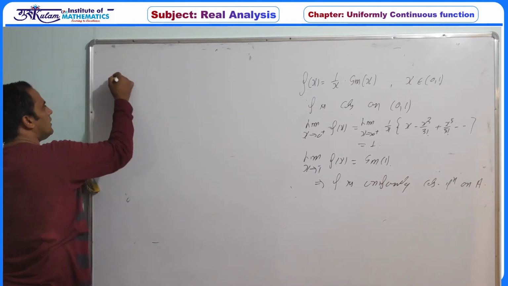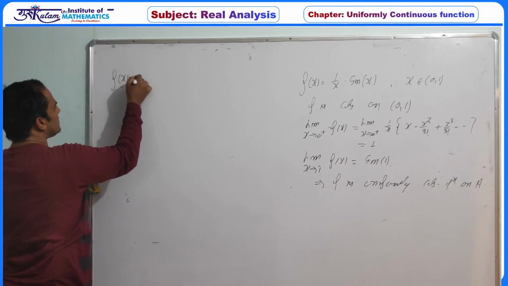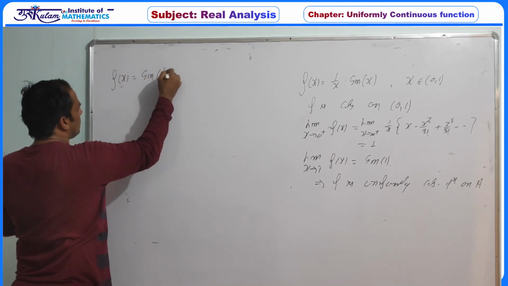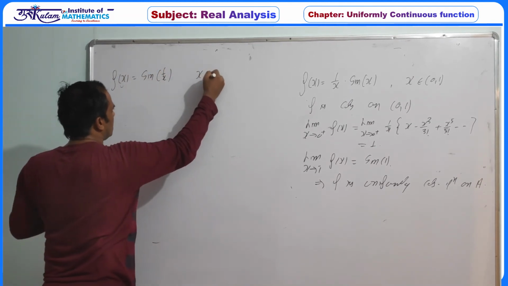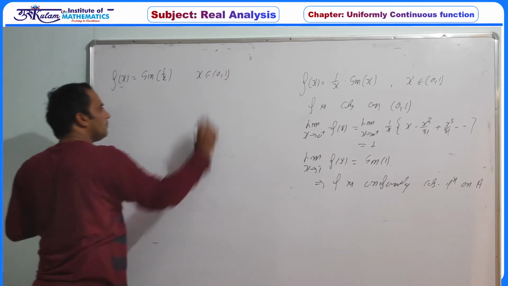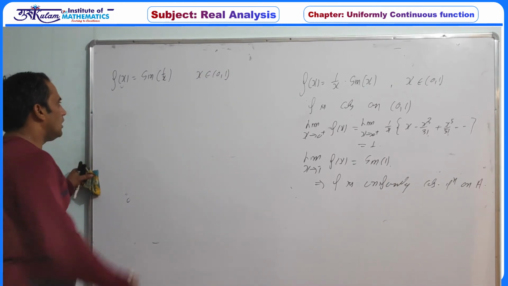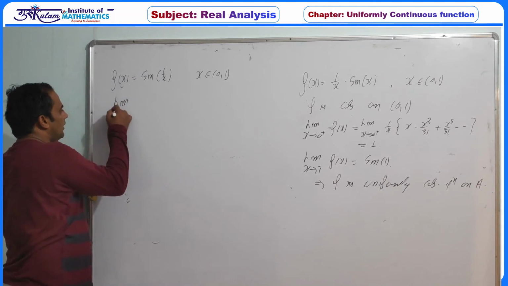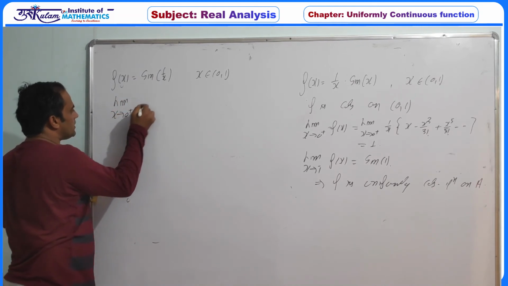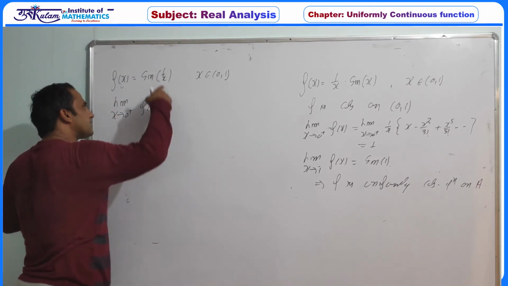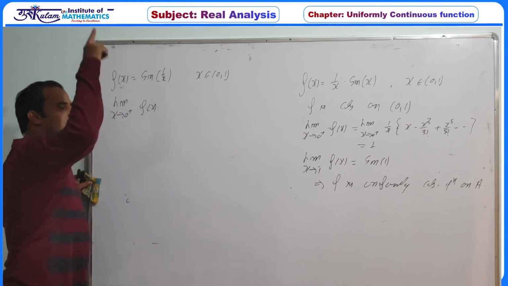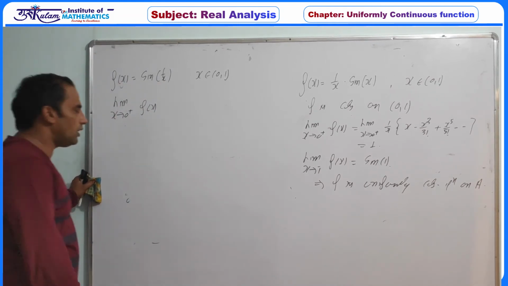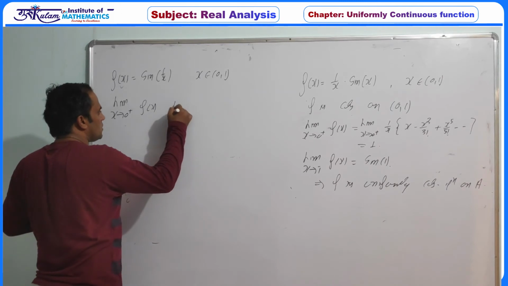If we take another example, f of x is equal to sin(1/x), with x belonging to the open interval (0, 1). Now consider the limit as x tends to 0 plus of f of x. As x tends to 0, this value oscillates between 1, 0 and minus 1. So this does not exist.